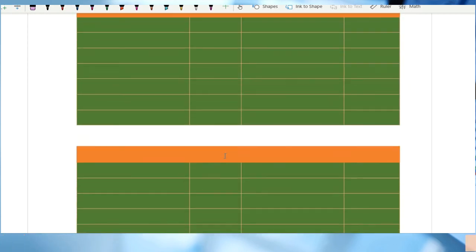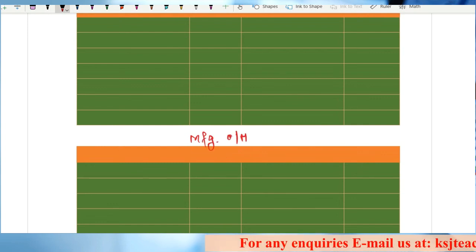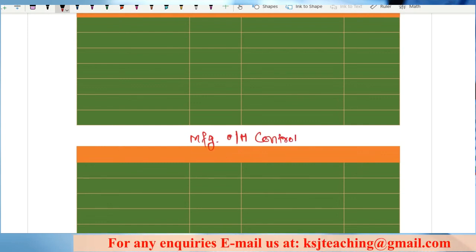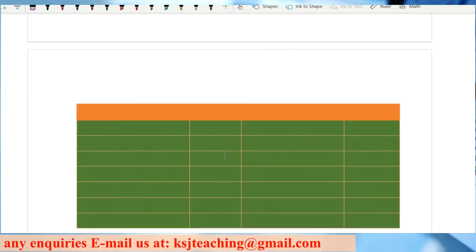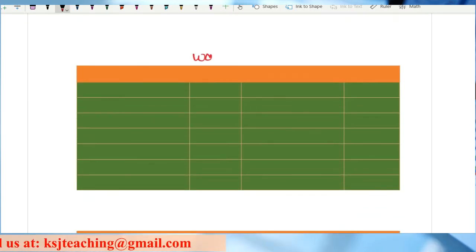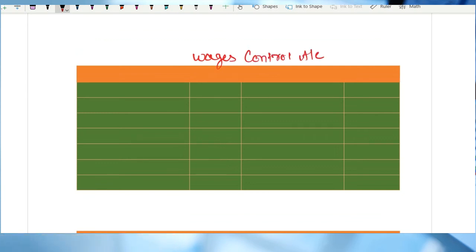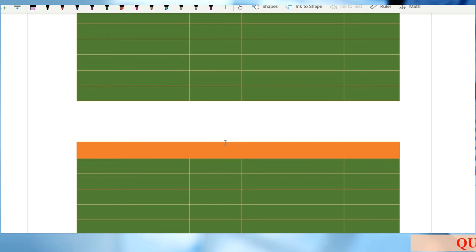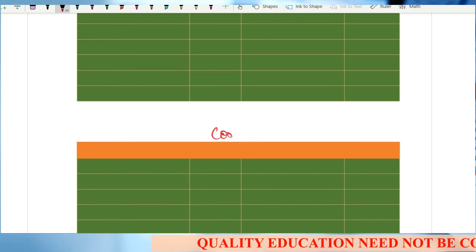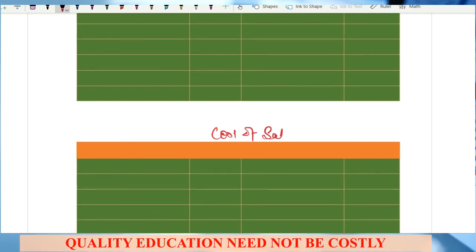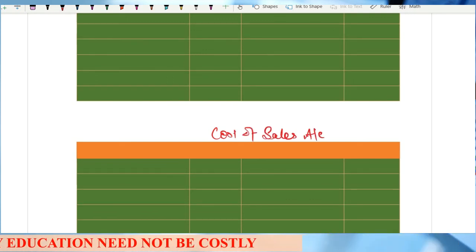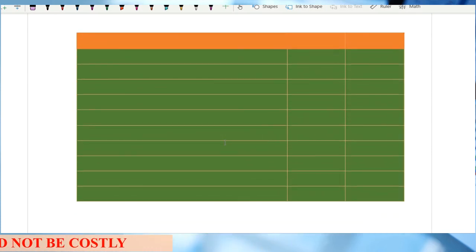So we'll have manufacturing overheads control account, then wages control account, then cost of sales account, and in the last we'll have the trial balance.